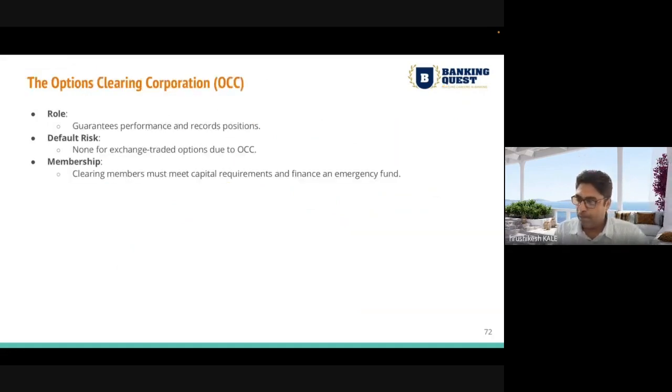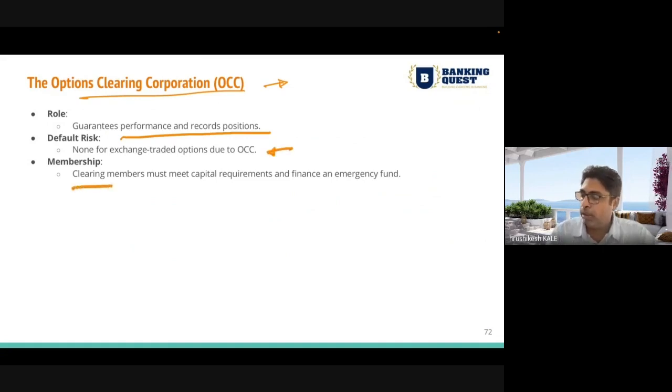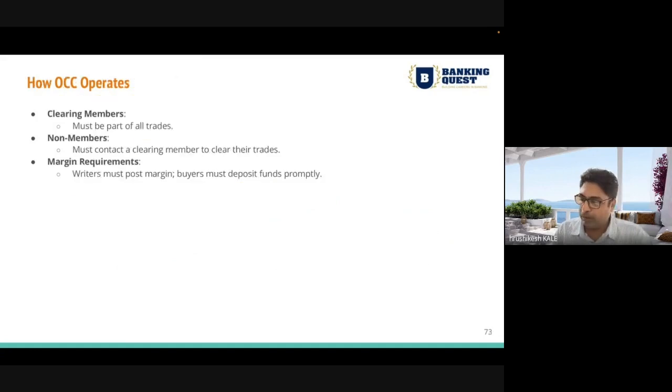Option Clearing Corporation is nothing but a government entity which makes sure that performance and record of positions are done. If there is a default, then they will take care of it. They do clearing. They have their own capital requirements and they have their finance in case of emergencies.